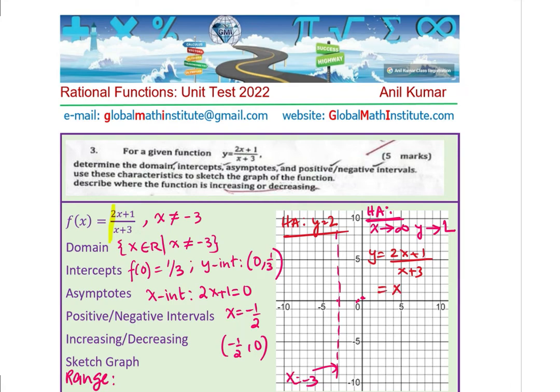If I take x common, I get (2 plus 1 over x) divided by (1 plus 3 over x), correct? Now when x approaches a large value, 3 by x or even 1 by x will approach 0, correct? So these terms will approach 0 and you're left with 2 over 1. x and x cancel. So we have a horizontal asymptote which is y equals 2 over 1, correct?